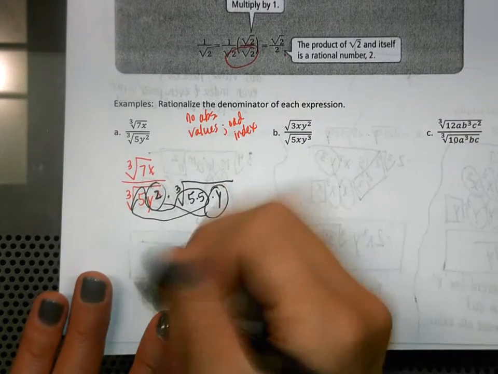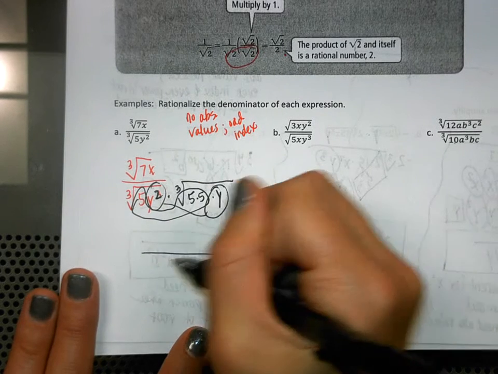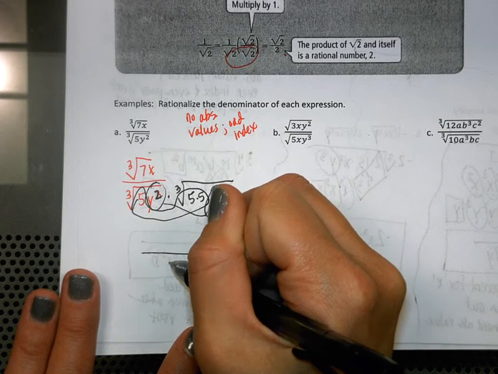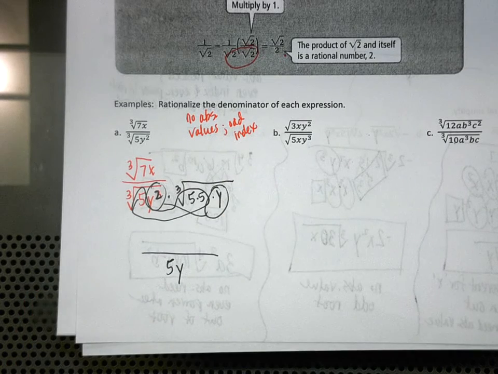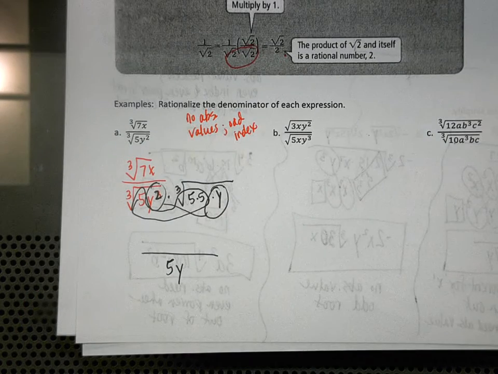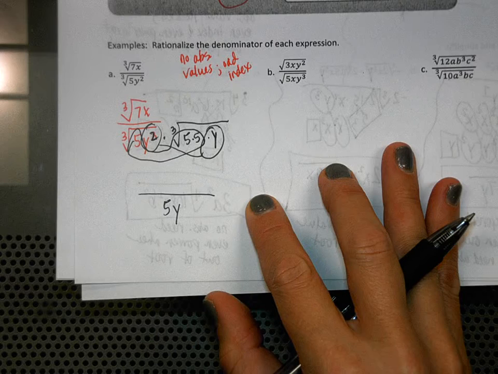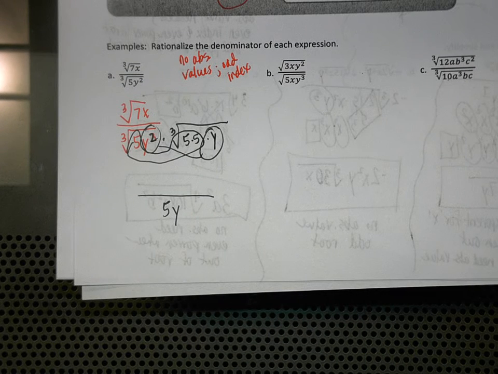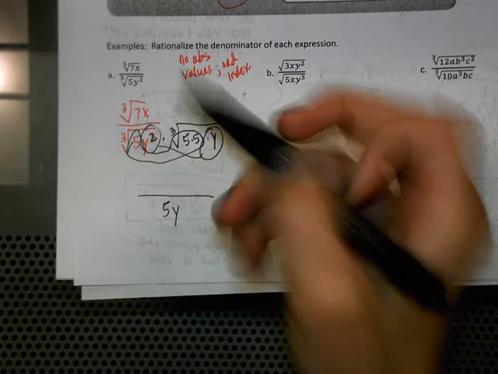Okay, so my denominator now is going to be what? 5y, because I had a group of 5s and a group of y's. Is everybody good with that? Do we understand why I needed 2 5s and why I needed 1 y? My index here is 3.